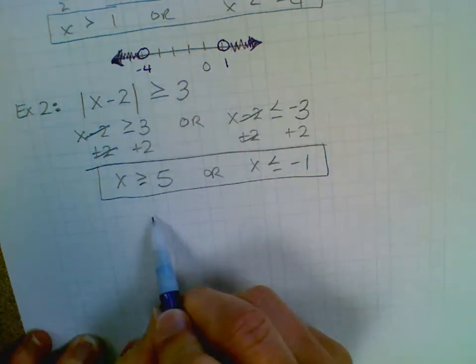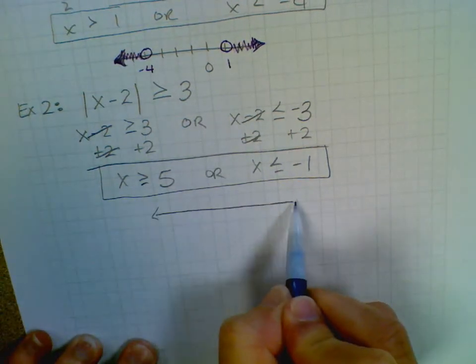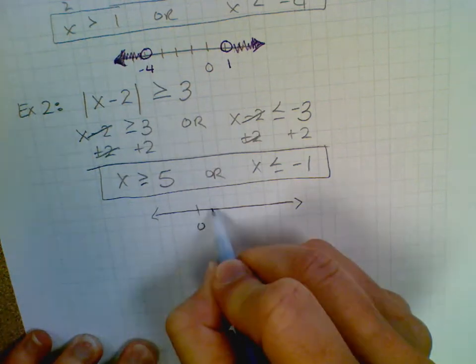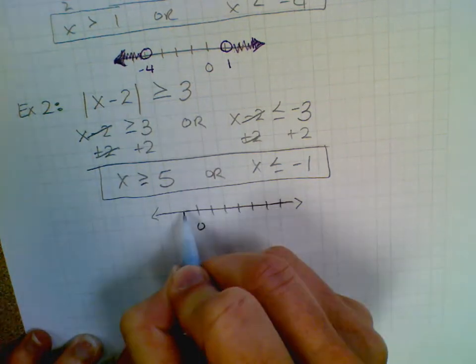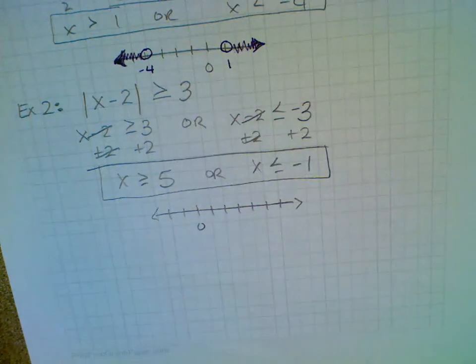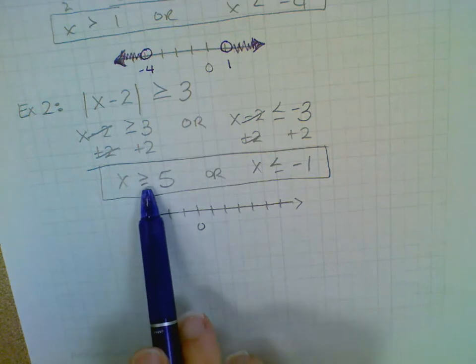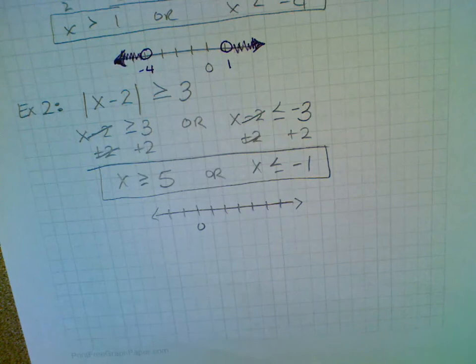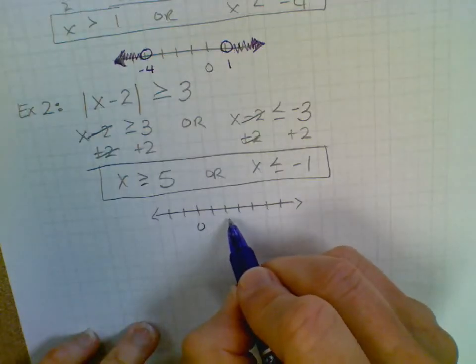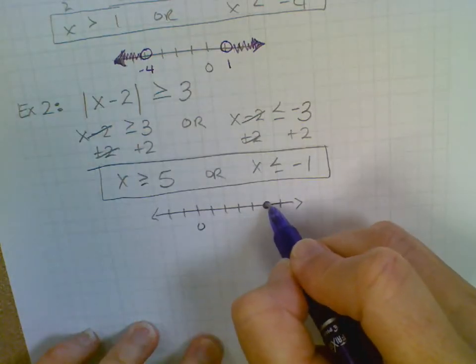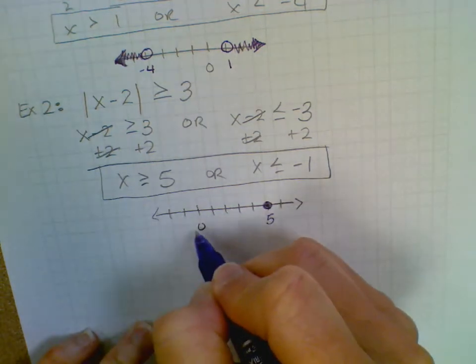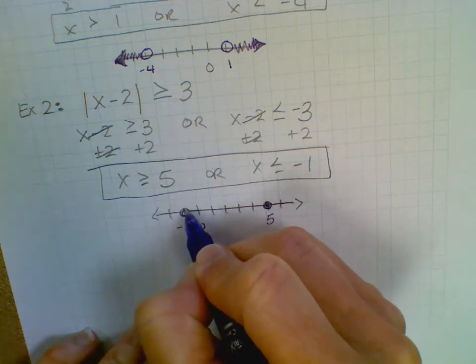So on the number line, now these do have the equal to bars, so that means you're going to close your circle. On 5, I'm going to color it in, close it. And on negative 1, I'm going to close it also.